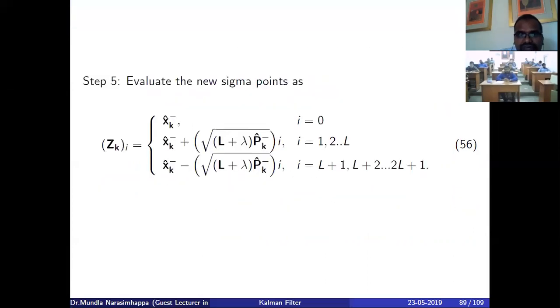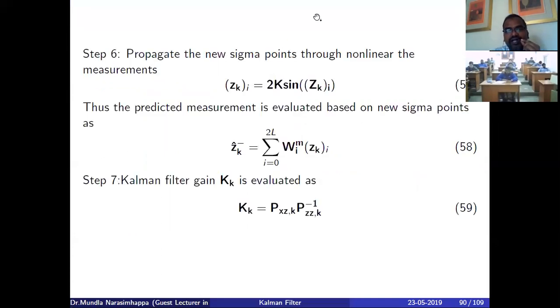Once you calculate the predicted state, you propagate the sigma points through the measurement model. Here you can see the measurement equation I took as a non-linear sine function.